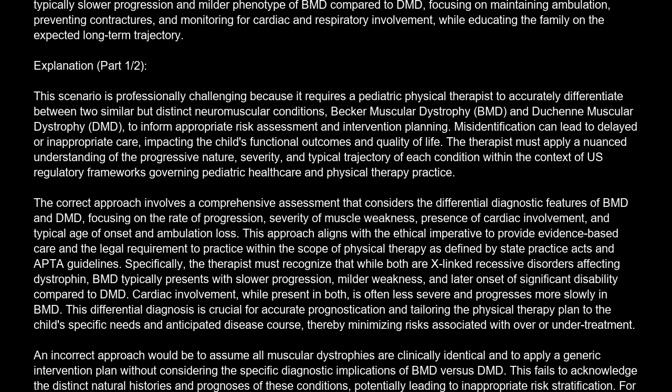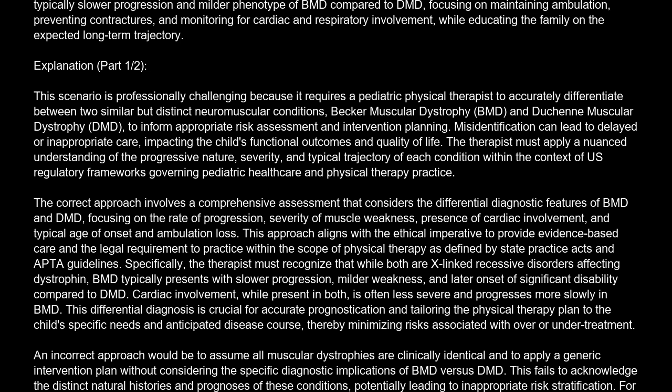An incorrect approach would be to assume all muscular dystrophies are clinically identical and to apply a generic intervention plan without considering the specific diagnostic implications of BMD versus DMD. This fails to acknowledge the distinct natural histories and prognoses of these conditions, potentially leading to inappropriate risk stratification.